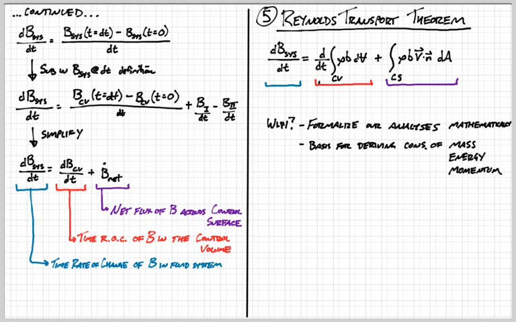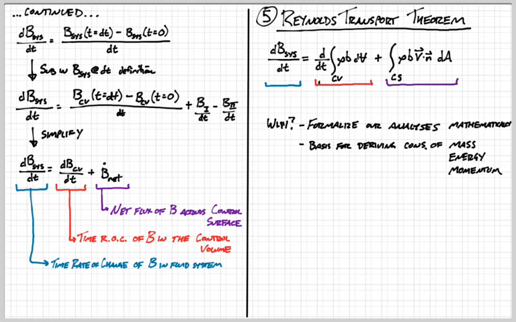That could be the water itself, or that could be something the water carries, like momentum or energy. We'll use this Reynolds transport theorem, as I've got it written on the right-hand side here, as the basis for deriving conservation of mass, conservation of energy, and conservation of momentum.